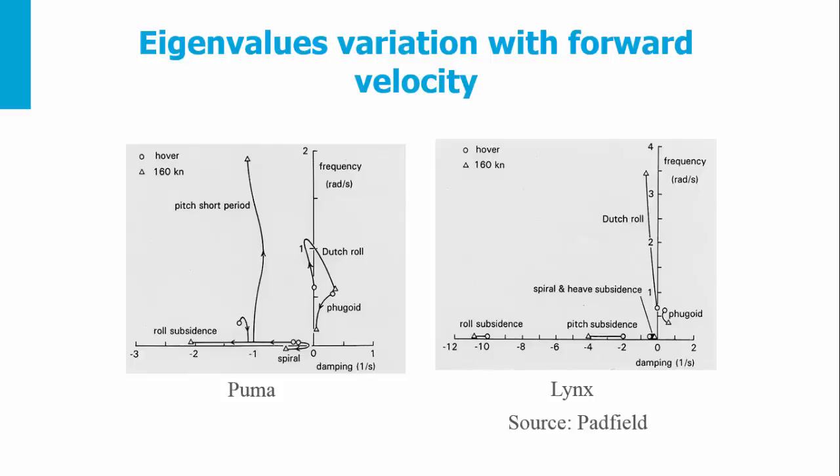You see the lateral modes, the roll subsidence, and also the spiral mode, little damped. Therefore, there is a difference in behavior between an articulated helicopter and a hingeless or bearingless helicopter. This makes things more complicated with helicopters. Also, the modes usually couple together.